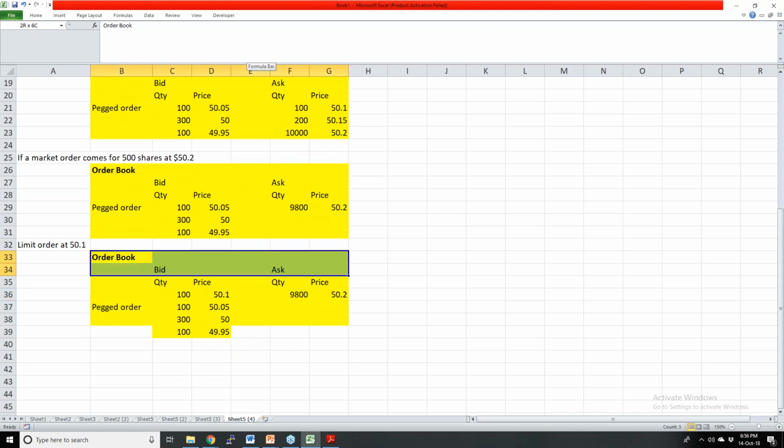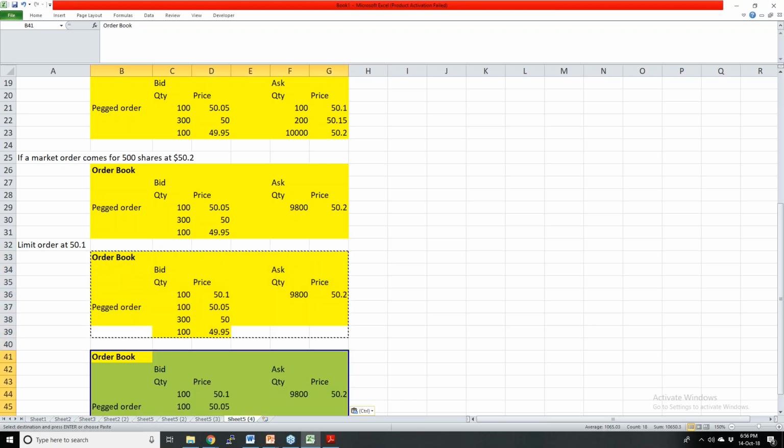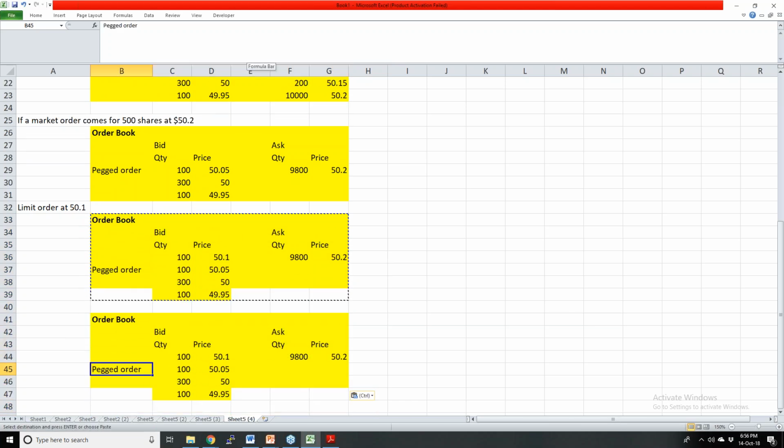So automatically I will cancel my previous pegged order and it will move. So I will cancel this order, so this order goes down and I will have it at 50.15. So this is something that gets modified. All right. Is this clear?